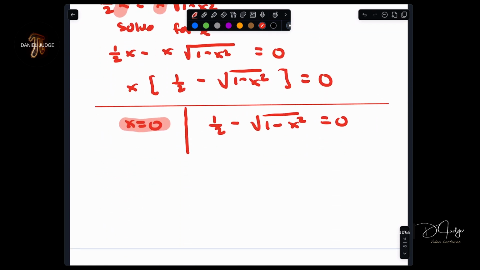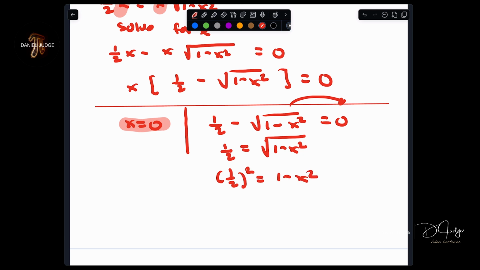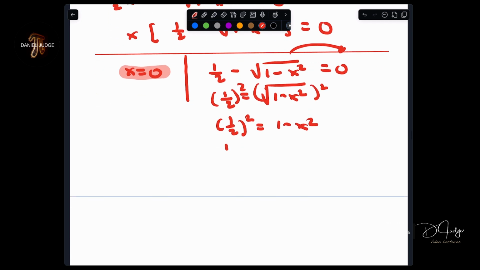Now, the second equation here, I can translate this term, meaning we get 1/2 is the square root of 1 minus x squared now. We're going to square both sides now. So 1/2 squared will be 1 minus x squared. We're squaring both sides, just so you guys know. And now that gives us 1/4 is 1 minus x squared, which actually means x squared is 1 minus 1/4.